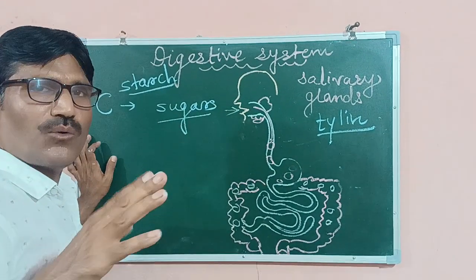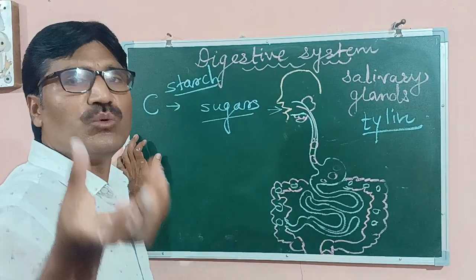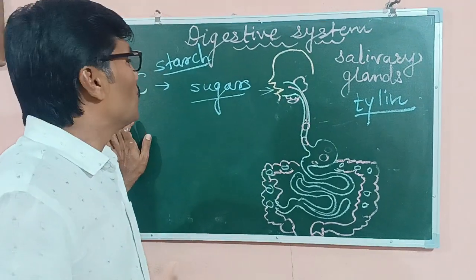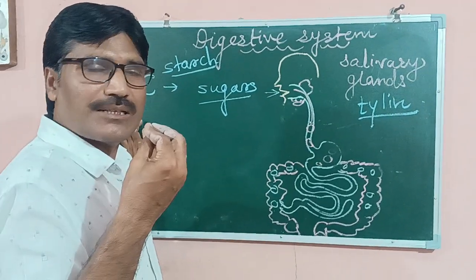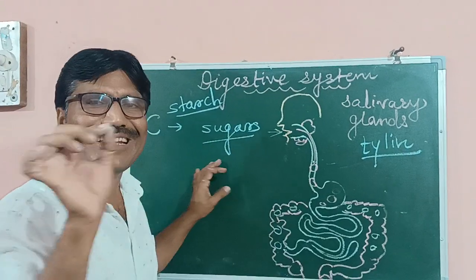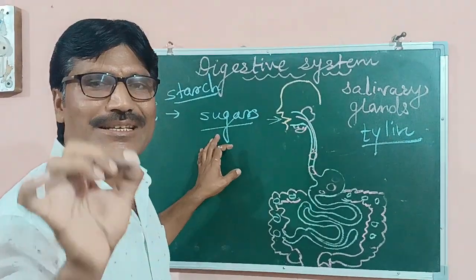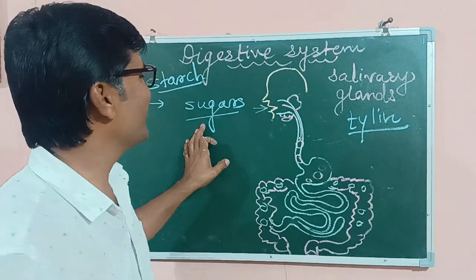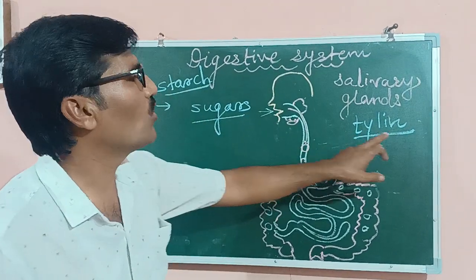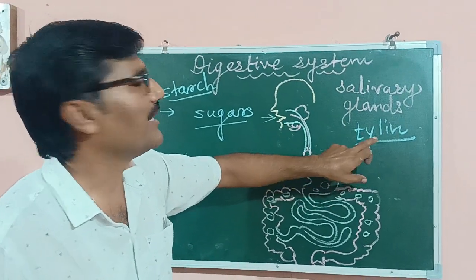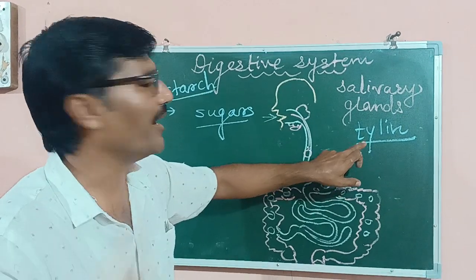That's why when we chew the morsel for a long time, it tastes sweet. Why? Because it is converted into sugars because of ptyalin. So salivary glands contain the enzyme ptyalin.